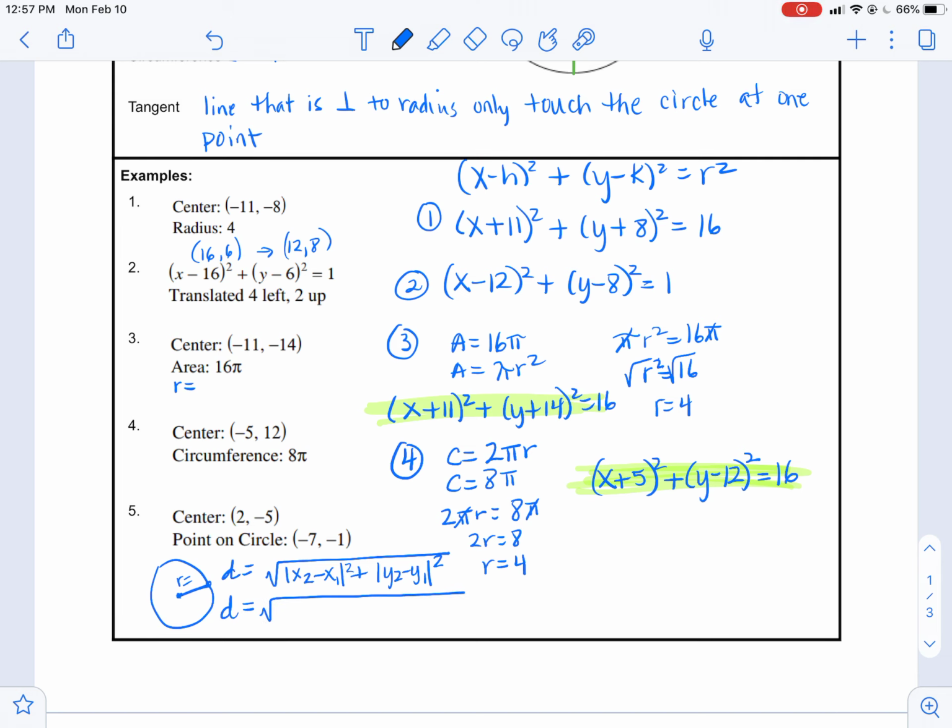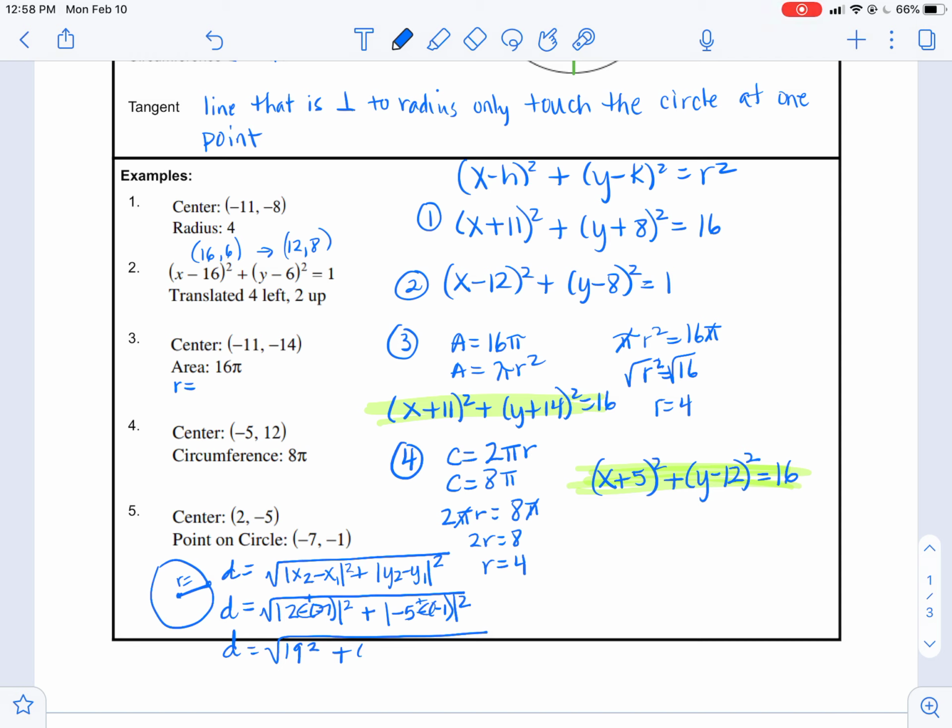So we have y minus y. So that would be, and it doesn't matter which order you go, we'll do 2 minus a negative 7 squared plus negative 5 minus a negative 1 squared. So that's going to become plus, so 12 plus 7 is 19 squared. And that would be a negative 4 squared.